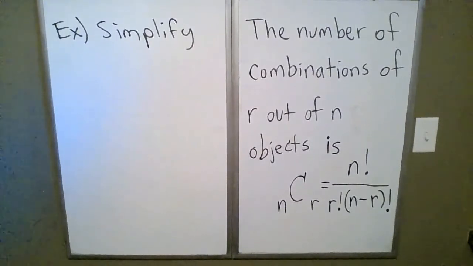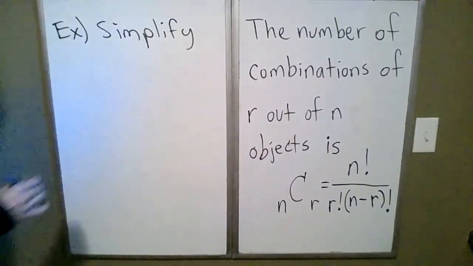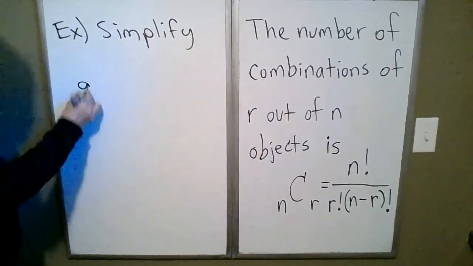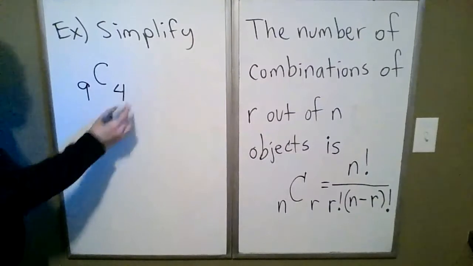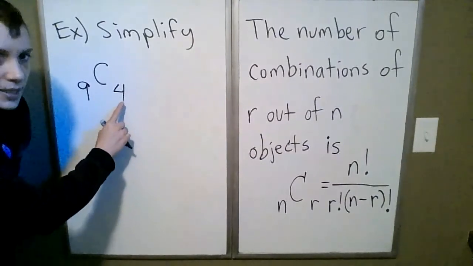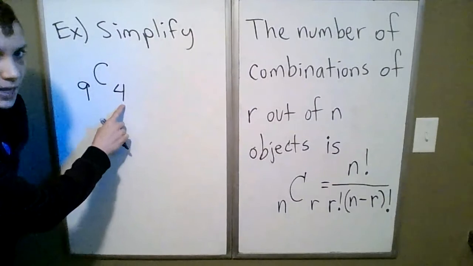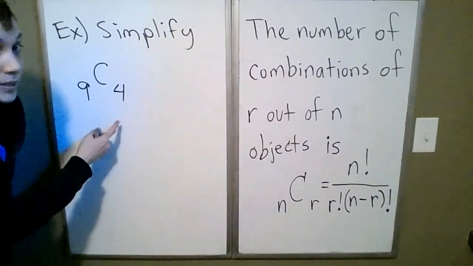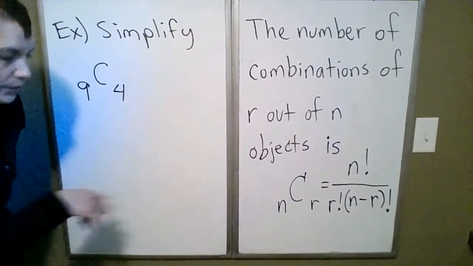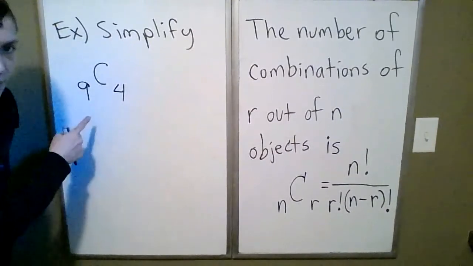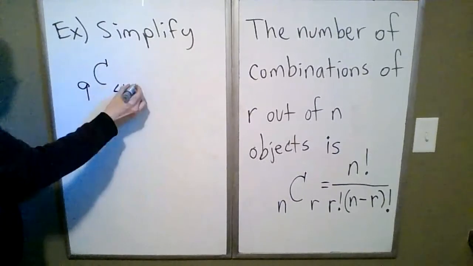Out of 9, we want to choose 4. So you can see this as taking 4 objects and selecting them out of 9, and the order doesn't matter. Just take any of the 4 randomly in any order out of 9.